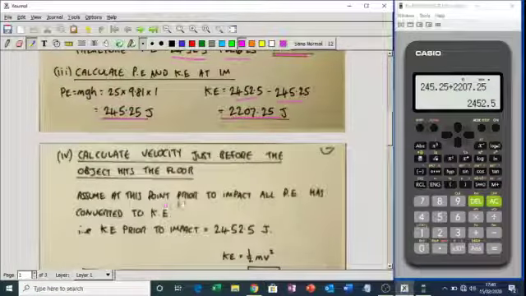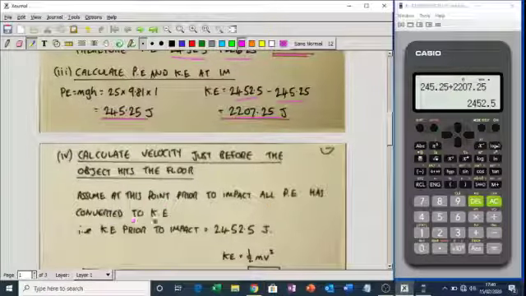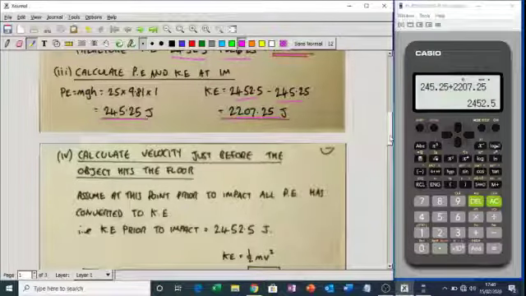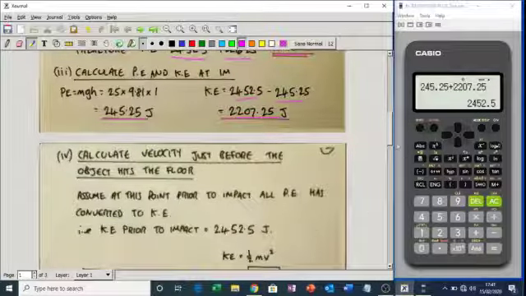So assume at this point, prior to impact, all PE has been converted to KE. It's a very small amount of height, 0.1 of a millimeter, say. Which means that the kinetic energy prior to impact is going to be 2452.5. In reality, it's slightly less than that because we have a very small amount of PE. But for this question, we'll assume KE equals this.